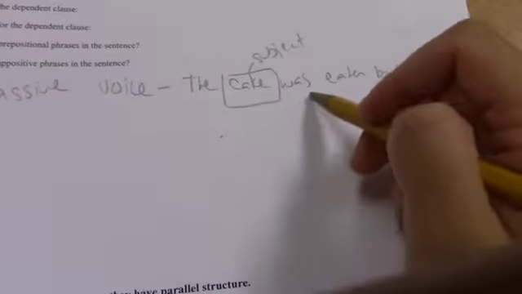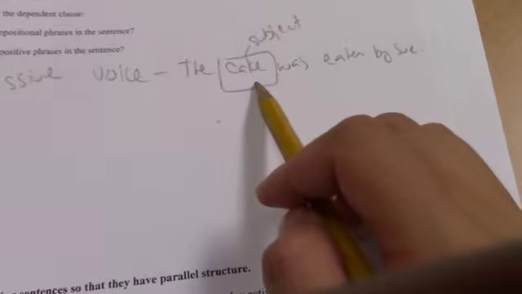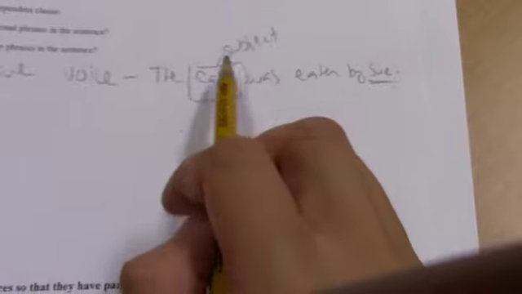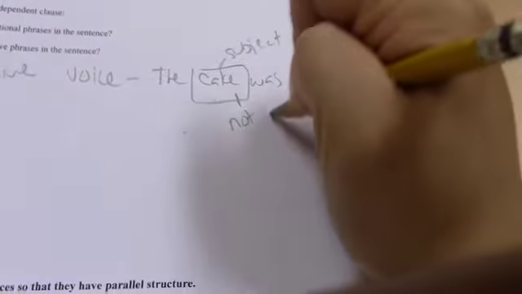However, my action is eating, and the cake is not what's doing the eating. Sue is what's doing the eating, but Sue's not my subject. So just to repeat, cake is the subject, but cake is not what's doing the action.